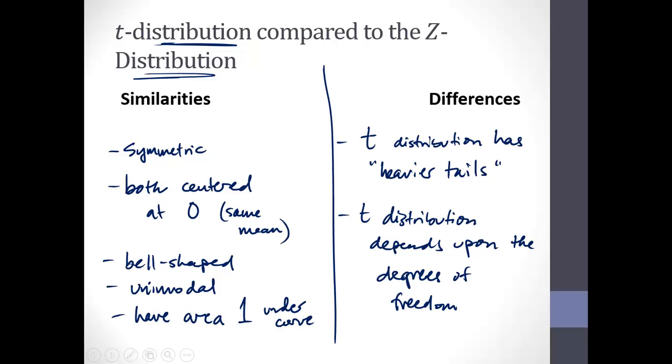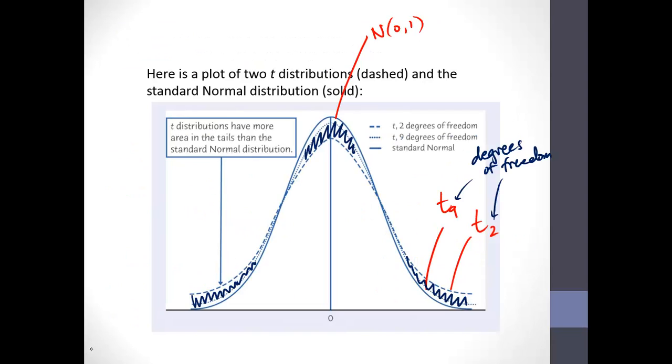That's a great question. Here, as the degrees of freedom get higher, the middle part gets higher, so it gets closer to that normal curve, and the outside part gets flatter and flatter, so that area will equal out.